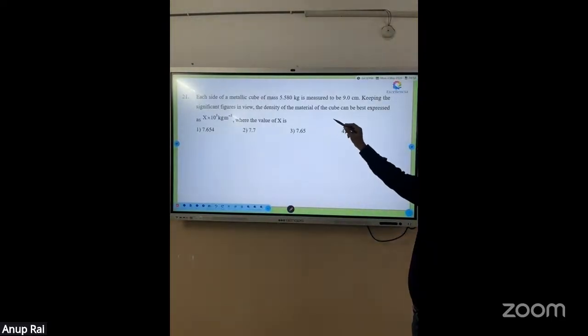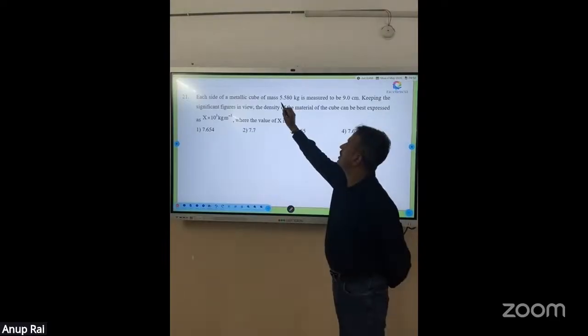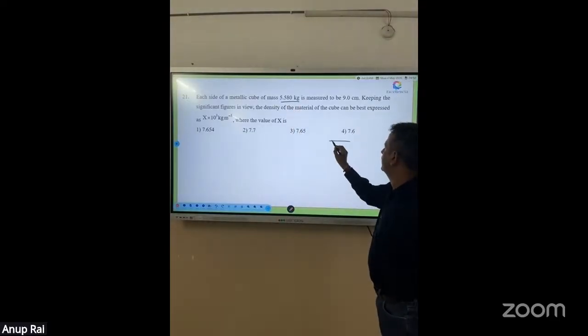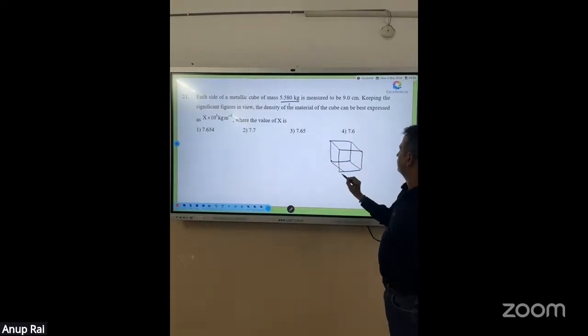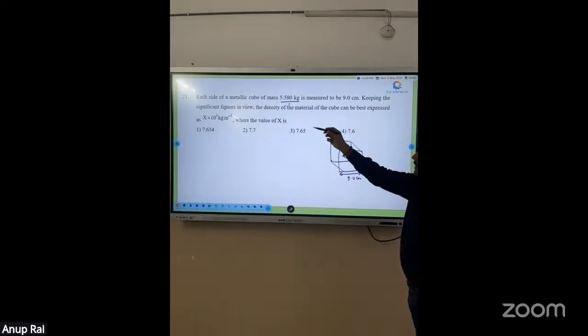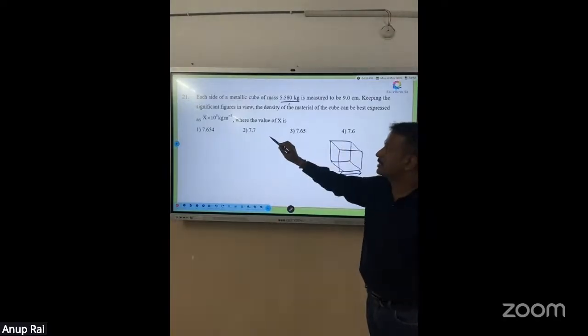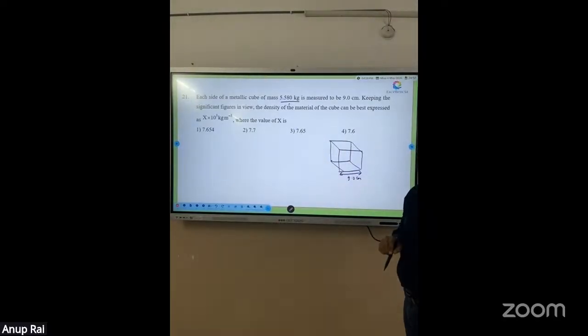Okay. The mass of this metallic cube is given as this much kg, and its side is given to be 9.0 centimeter. Keeping the significant figures in view, the density of the material of the cube can be best expressed as, where the value of x is.